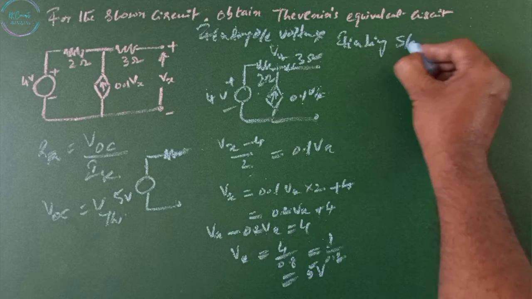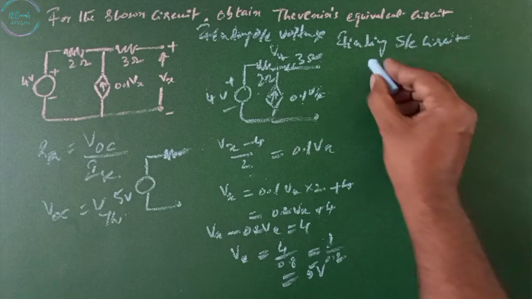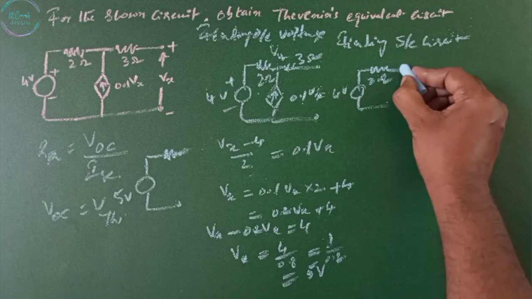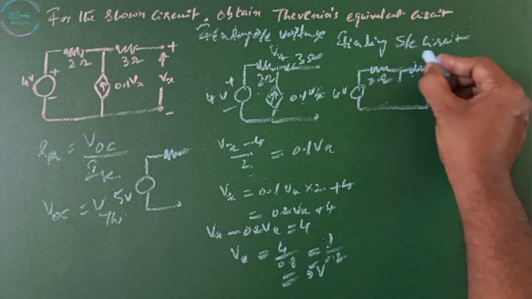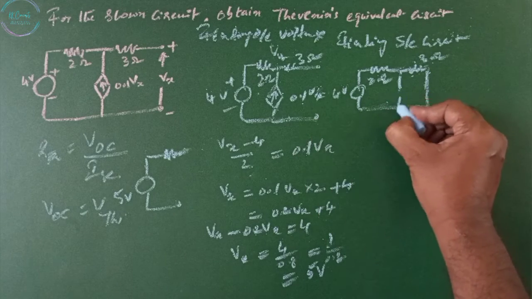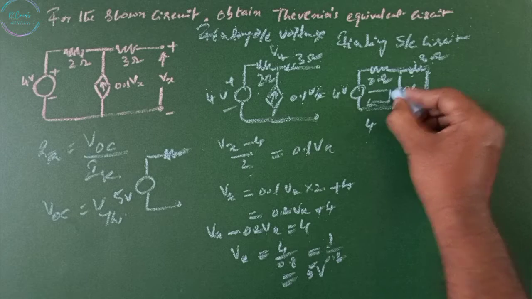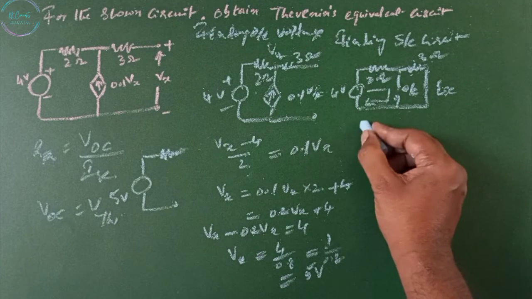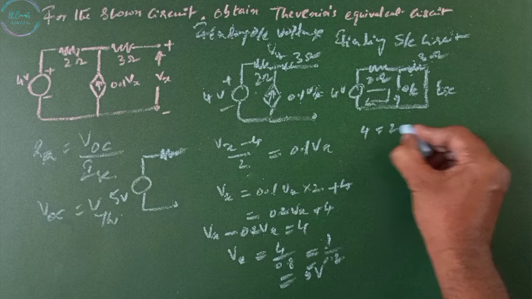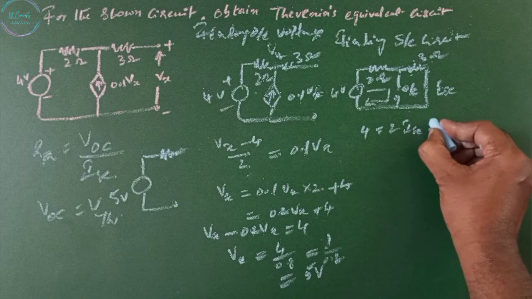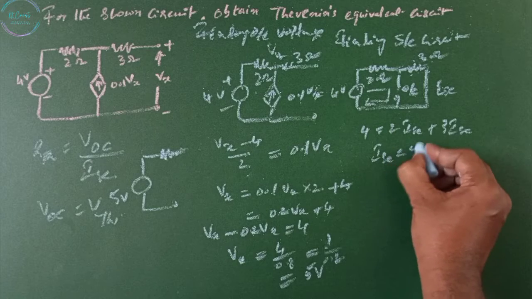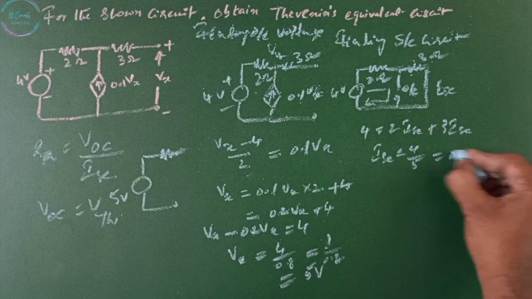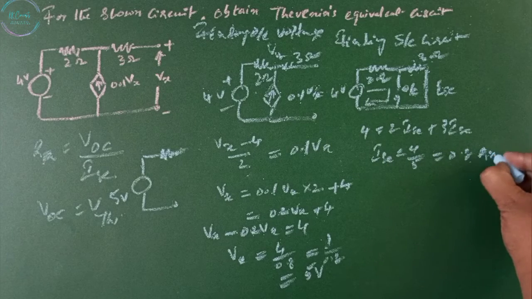Finding short circuit current. The terminals are shorted. The current source is open circuited. This is short circuit current ISC. 4 equals 2 into ISC plus 3 into ISC. Then ISC equals 4 divided by 5, that is 0.8 amps.